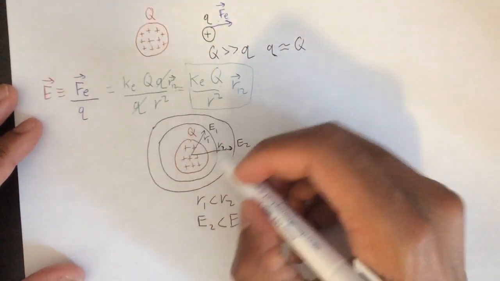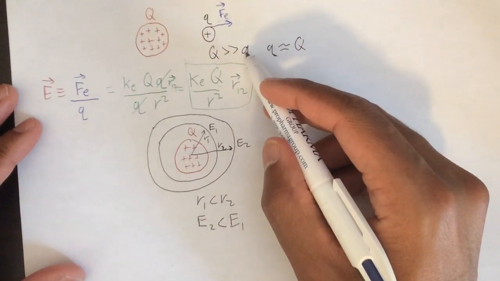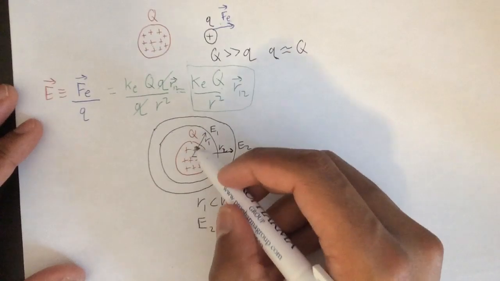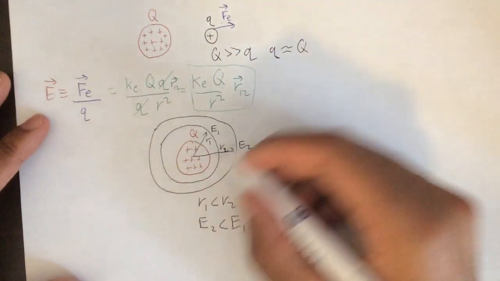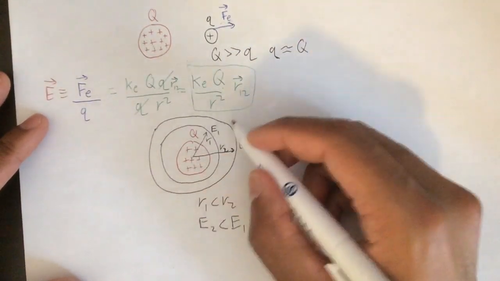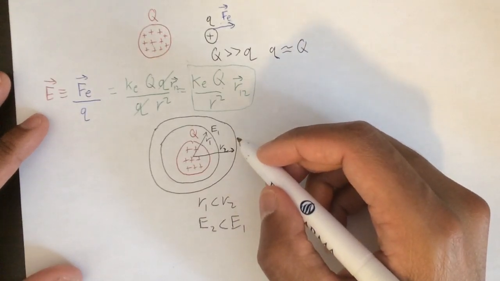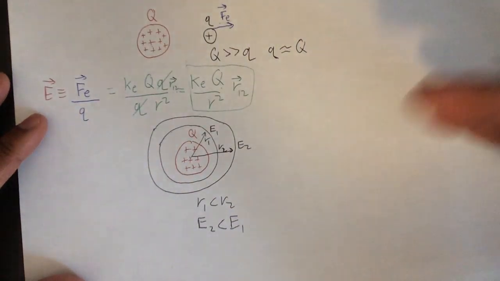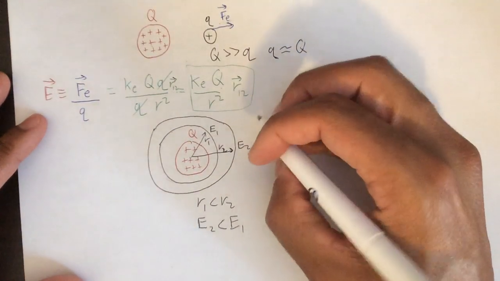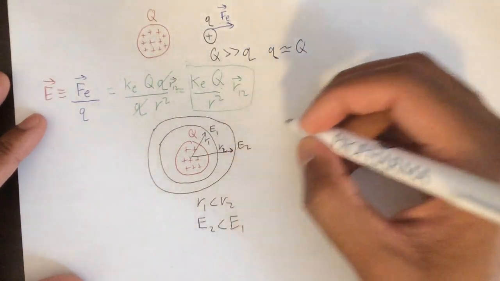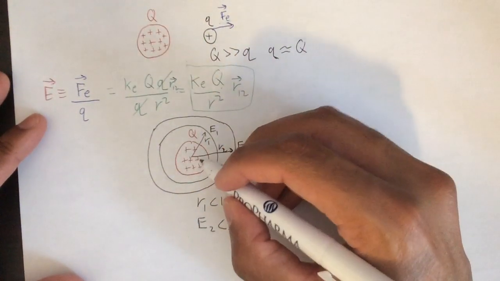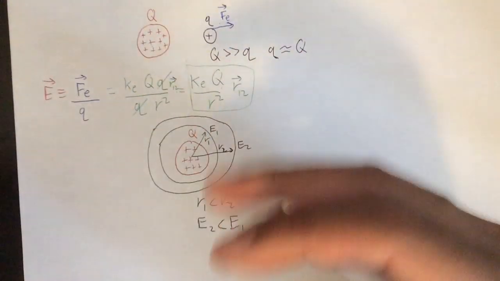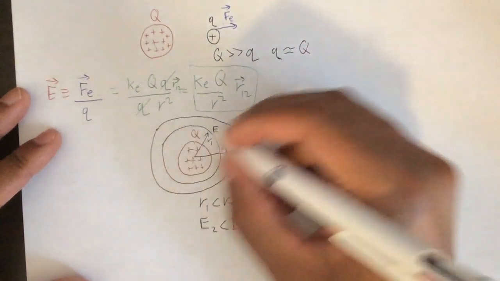But assuming that little q is a lot smaller than big Q, you have these concentric circles of electric field. Because you can use the electric field to calculate the force that is applied on a test charge brought within the vicinity of the electric field and the main charge that generates it.